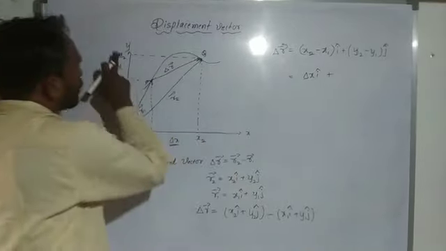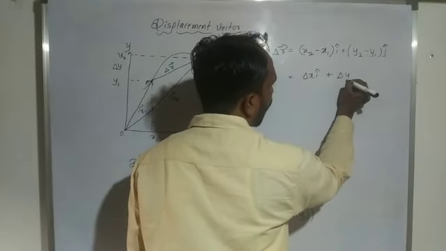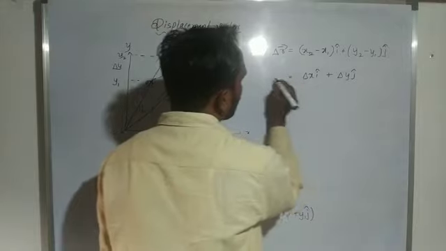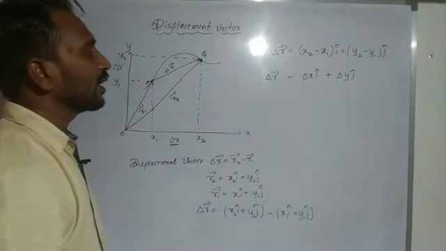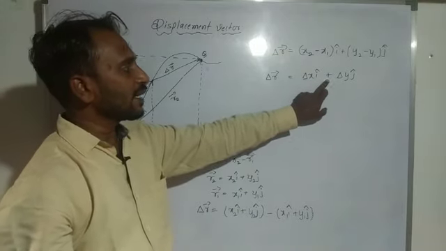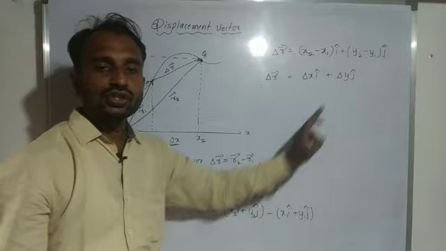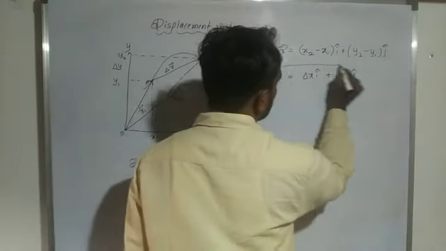Plus y2 minus y1, with common factor j cap, the unit vector along the y-axis, while i cap is the unit vector along the x-axis. So x2 minus x1 is delta x, and y2 minus y1 is delta y. So the displacement vector delta r is equal to delta x i cap plus delta y j cap.